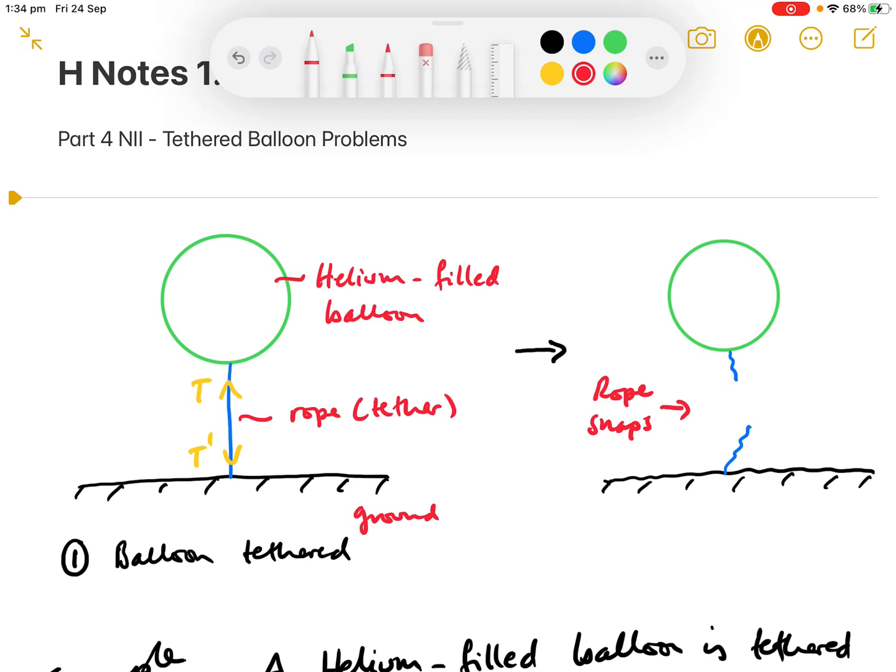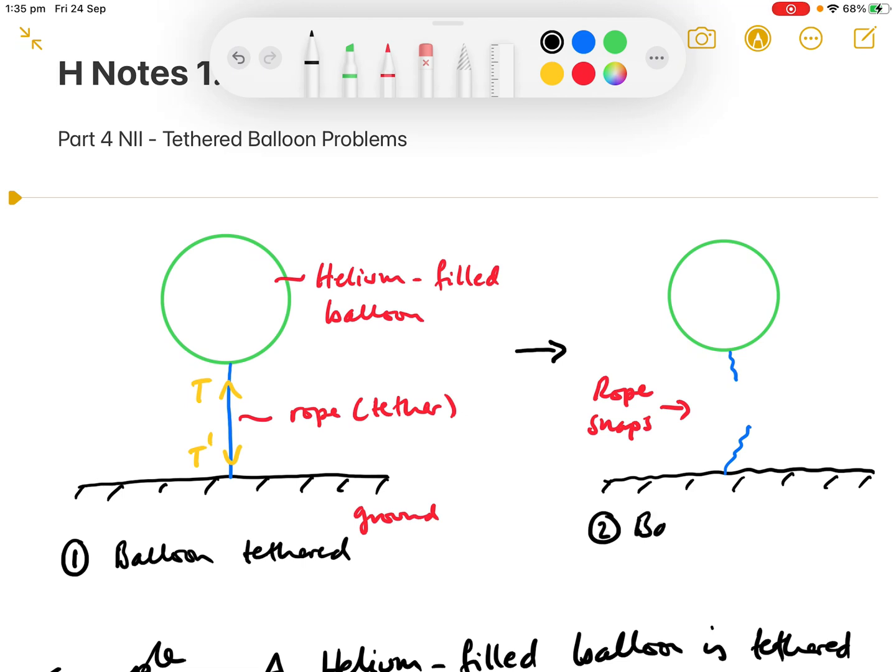Okay. Now, of course, once it snaps, the tension can no longer exist. So there is now no downwards tension force pulling on that rope, and therefore pulling on the balloon. So the balloon will float free and move upwards. So what we're going to do is analyze this situation and do some calculations using Newton's second law.